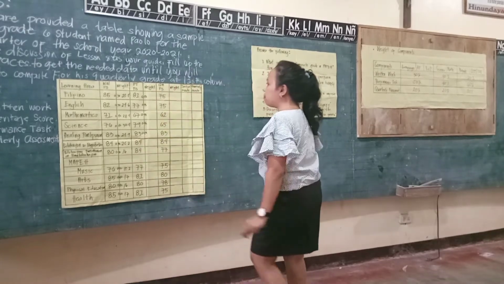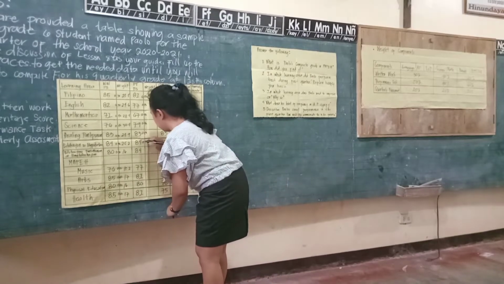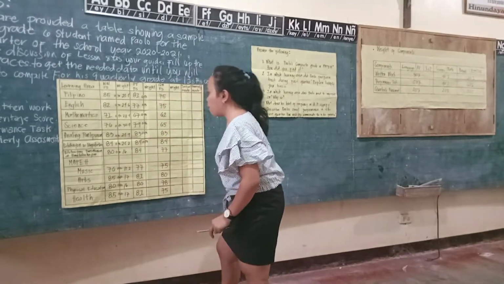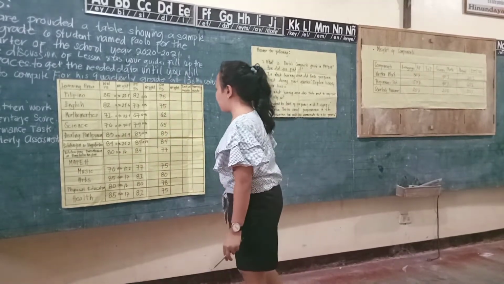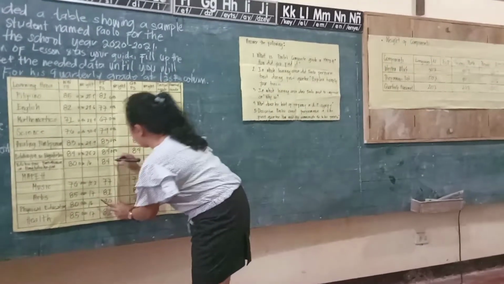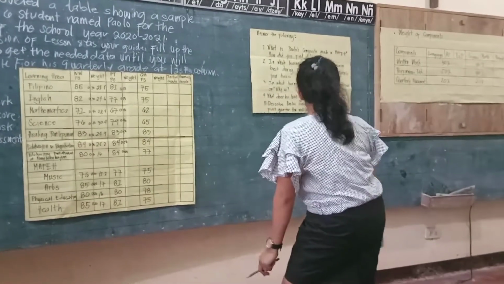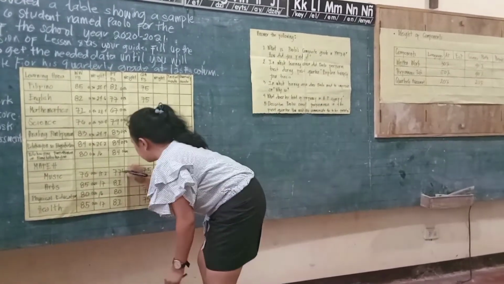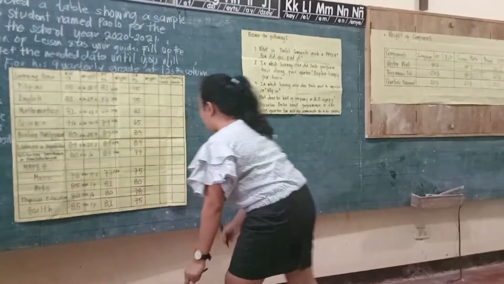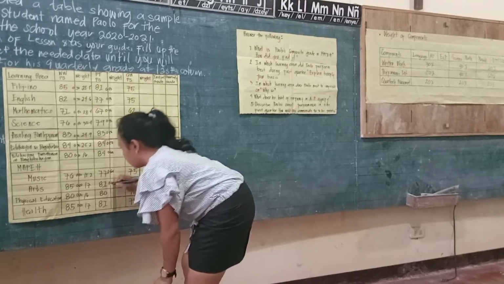In Edukasyon sa Pagpapakatao, 50% or 0.50. In Edukasyon Pantahanan at Pangkabuhayan, we have 60% or 0.60. And in music, we have 60% or 0.60. In arts, we also have 60% or 0.60.